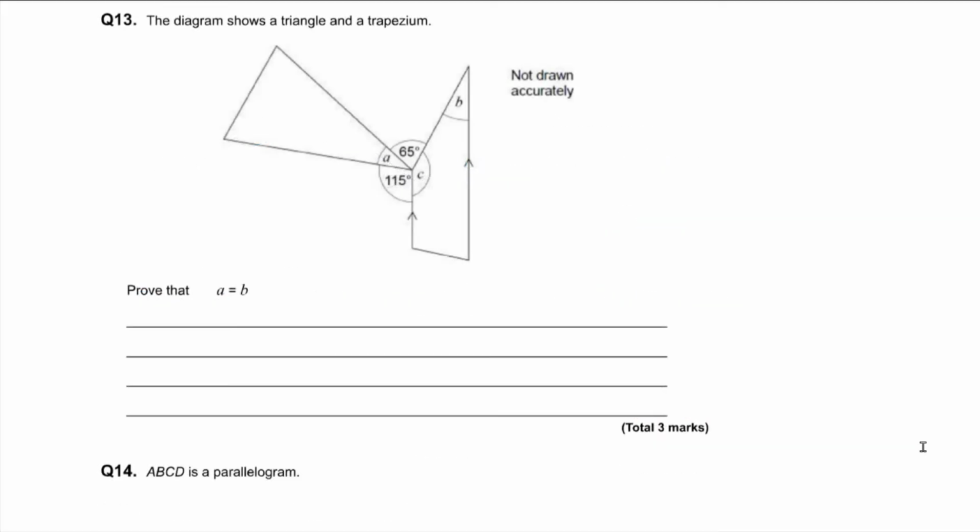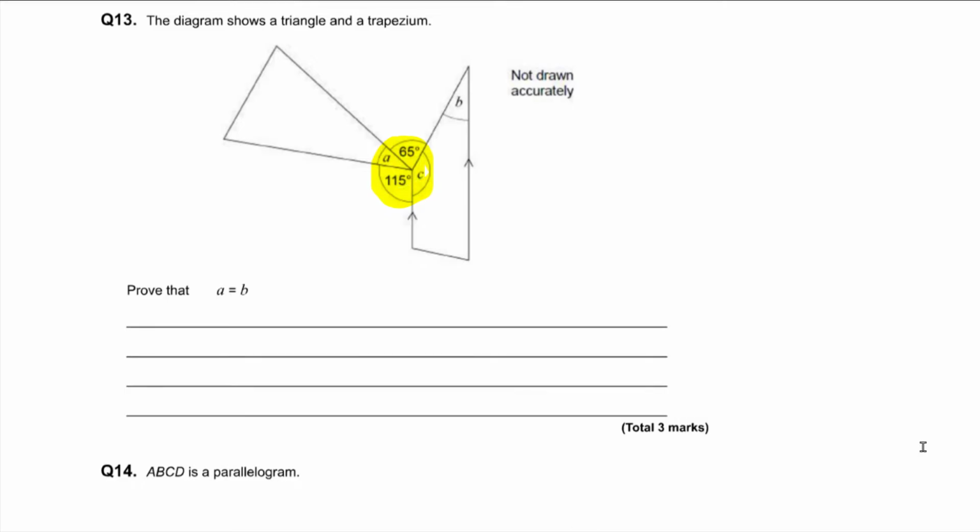Question 13, the diagram shows a triangle and a trapezium. Prove that A is equal to B. Okay, interesting question. So we've got angles at a point here, haven't we? So we know that these add up to 360 degrees.